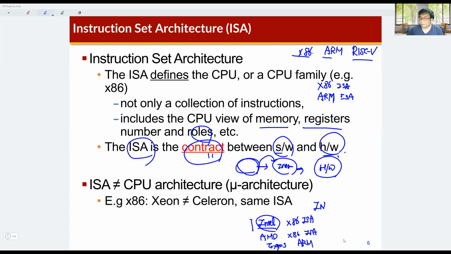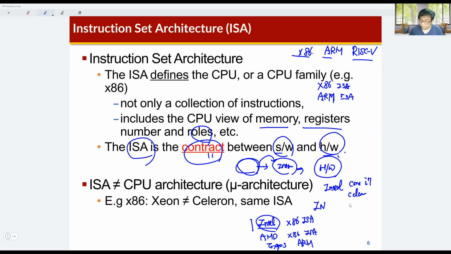So based on the instruction set architecture, certain CPUs can execute only a certain instruction set architecture. Okay, but Intel has many different microarchitectures, like the Core architecture, Intel i7, and Intel Celeron.